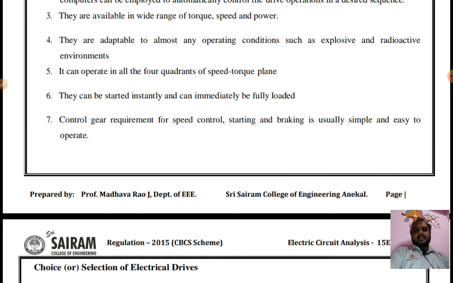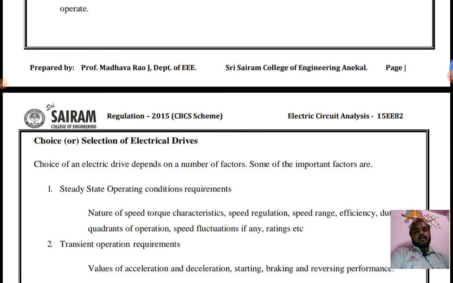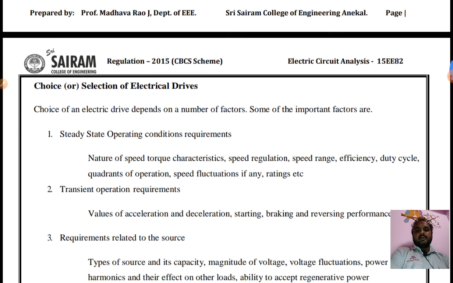They can be started instantly and can be immediately fully loaded, so within a fraction of a second they start and take the load. Control gear requirement for speed control, starting and braking is usually simple and easy to operate. This is one more advantage of industrial drives.